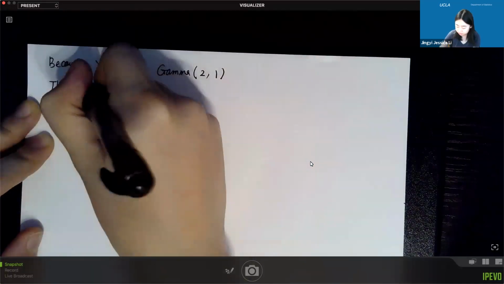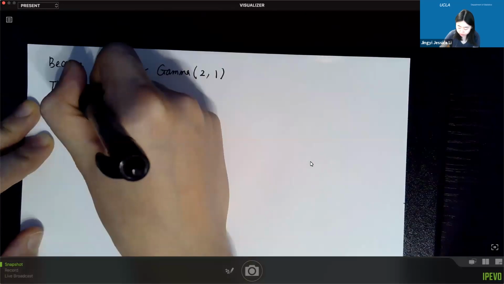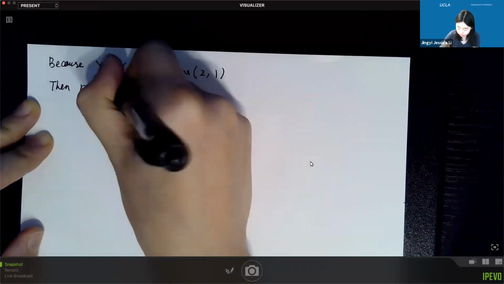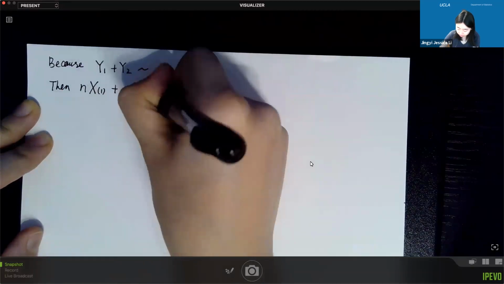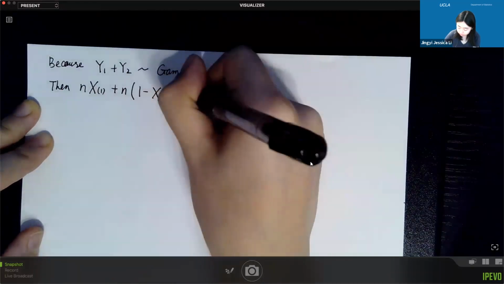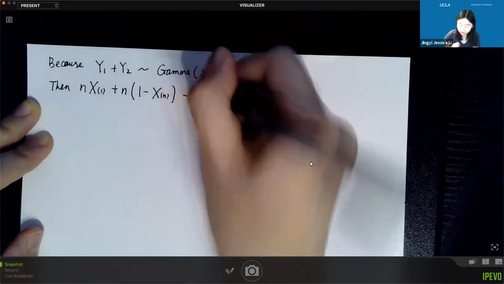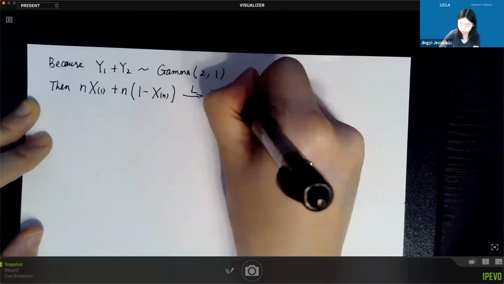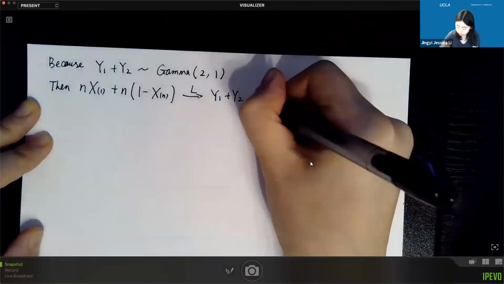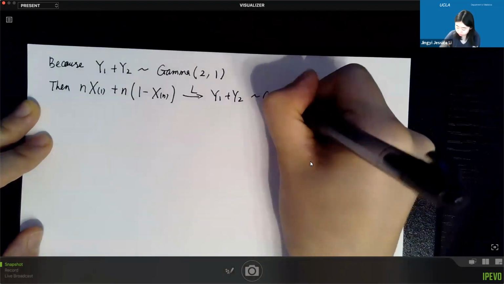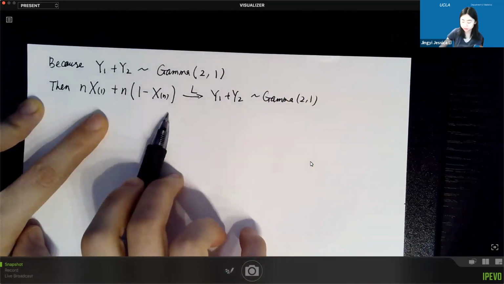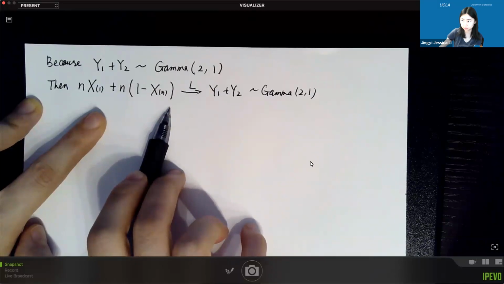Okay, and then by the joint asymptotic distribution, n times the minimum plus n times 1 minus the maximum is converging in law to Y1 plus Y2, and that's following the gamma distribution. So what we're applying here is the first statement of Slutsky's theorem, the continuous mapping theorem.